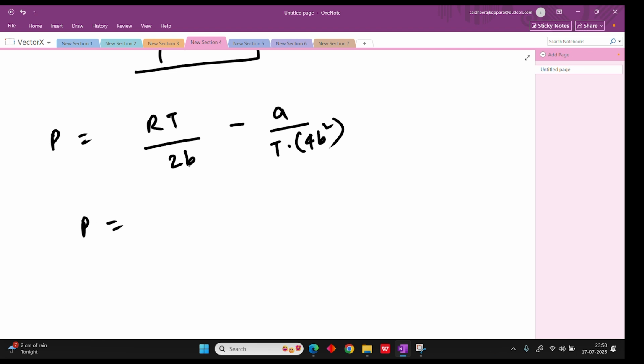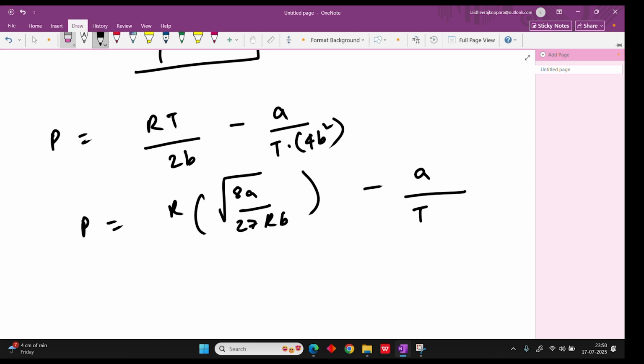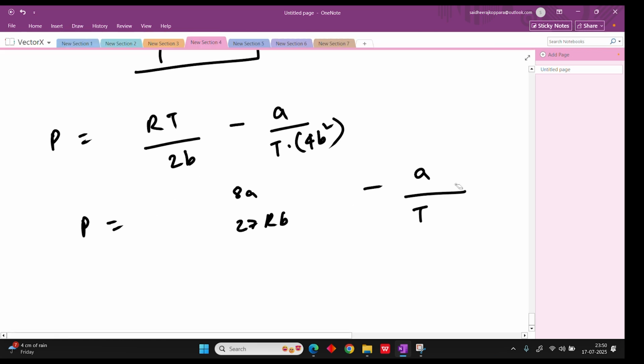Now you take its LCM, then you multiply this. First we'll substitute. Or we shall first do some arrangement in the equation.